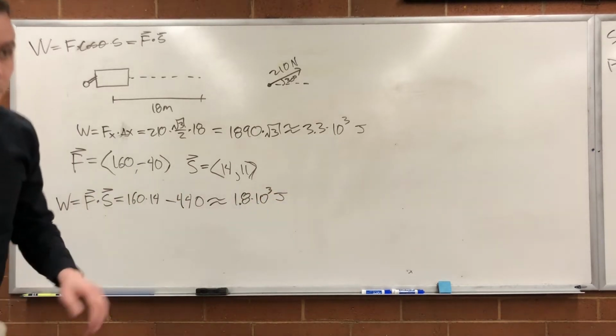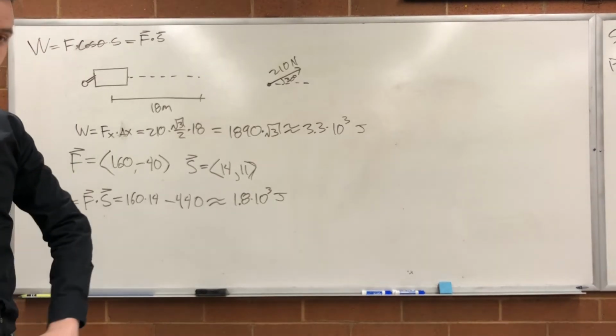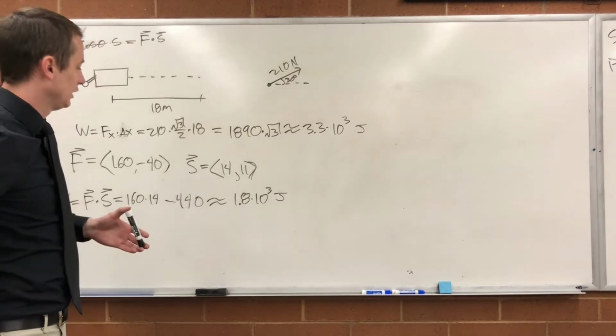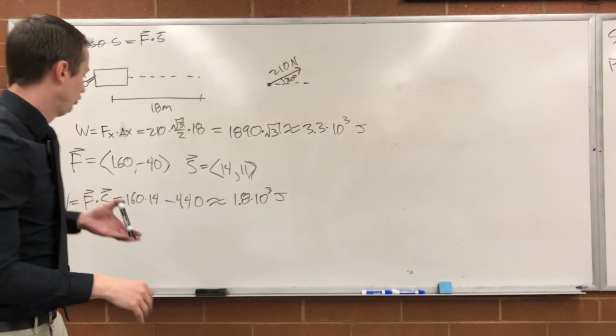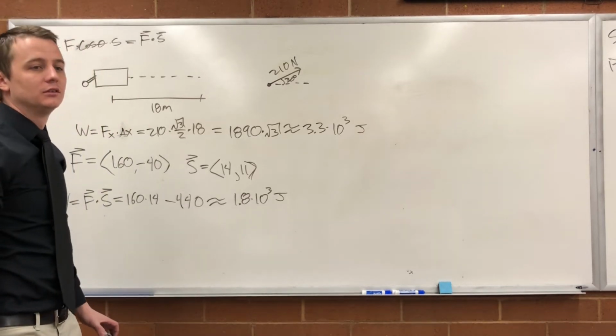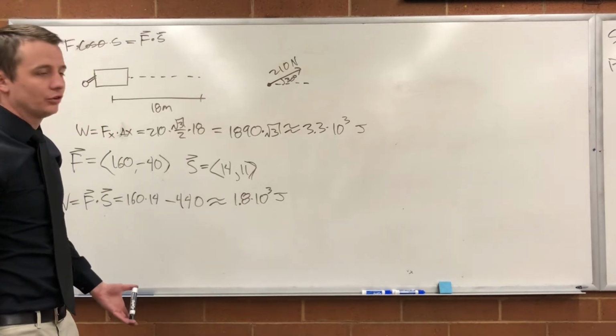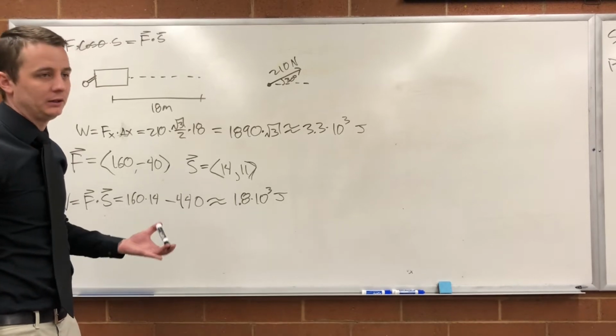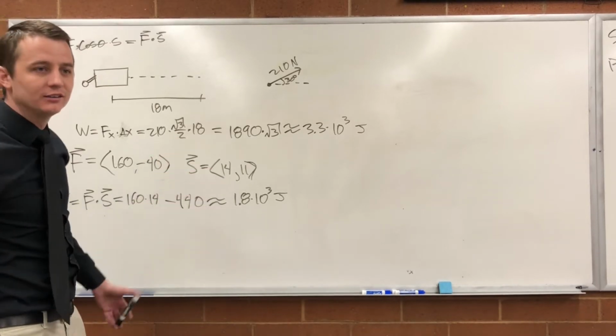Good. Why do you convert it to that instead of just saying 1800 joules? Scientific notation. Just common practice for when you start dealing with bigger numbers. It's just cleaner, easier to read, easier to understand. Because there comes a point where you're dealing with big numbers and you're like, how many zeros is that?